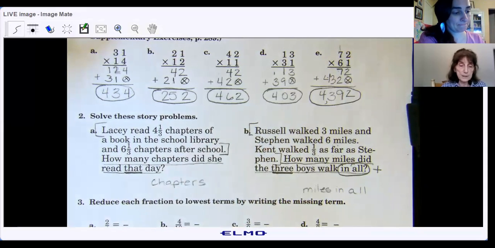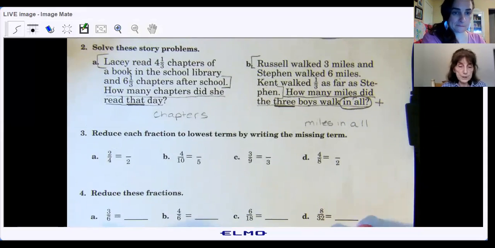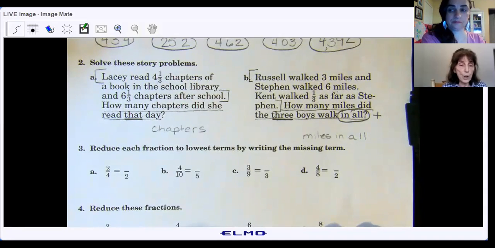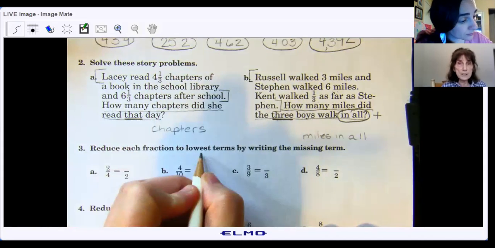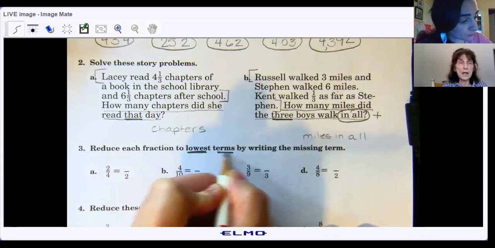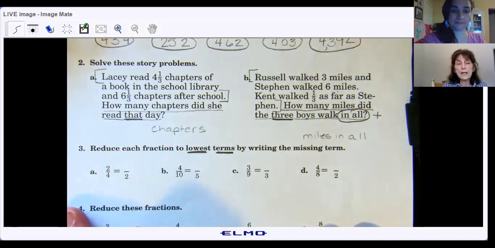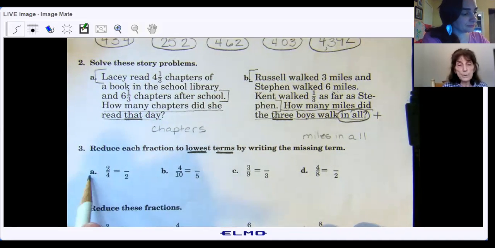All right, let's look at reducing. Reduce each factor to the lowest terms by writing the missing term. Now, lowest terms. Ms. Montes, would you underline lowest terms? Because some of us will reduce it, but it's not always in lowest terms. You have to have it in lowest terms from now on. All right. What number will divide into 2 and into 4 evenly?